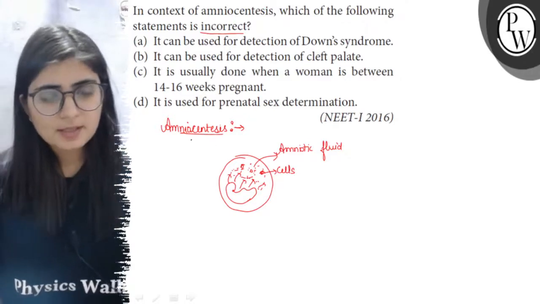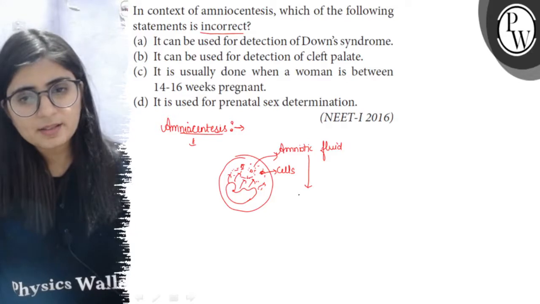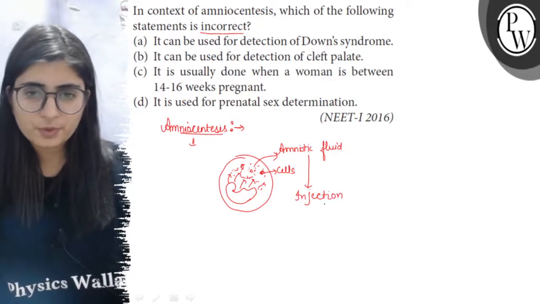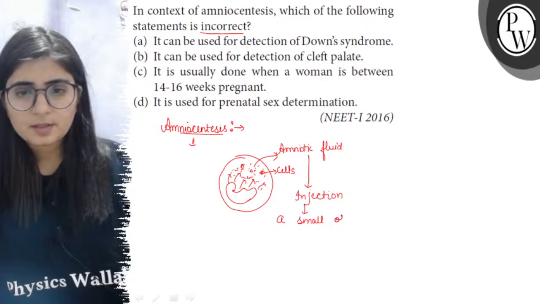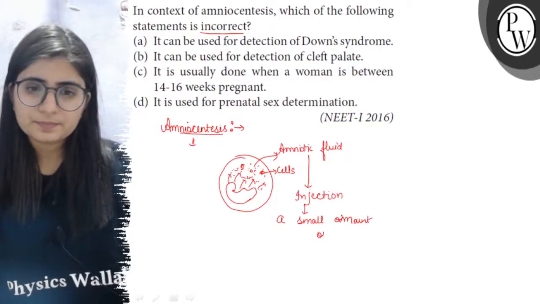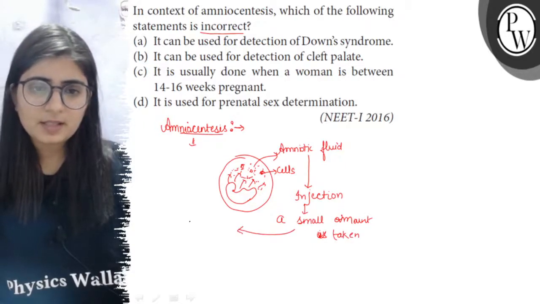What happens in this is that a small amount of this amniotic fluid is taken out through an injection given through the abdomen of the mother. This amniotic fluid has the cells of the fetus.